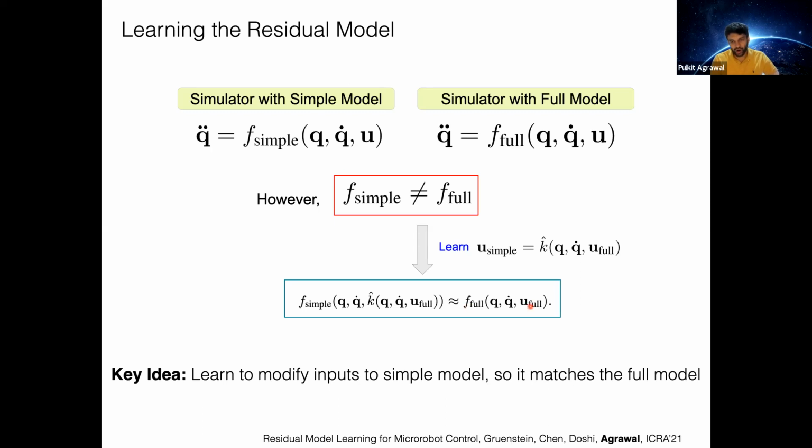So how about I modify u full through a neural network, which is this function k hat over here, so that I come up with u simple, which is something I can feed into the simple model so that the output of the simple model becomes the same as the full model. And it turns out in this problem and in many other problems, just modeling what is required is sufficient.